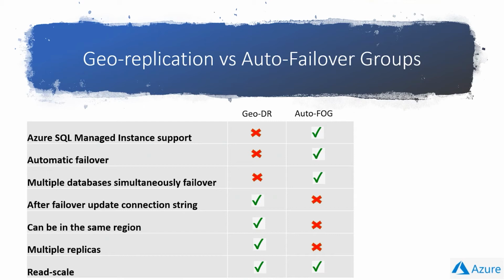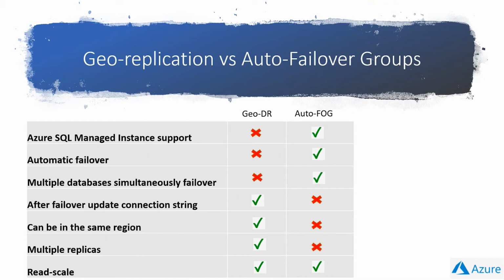And I have this table, I'm going to explain what 2 different use cases we have. Now, Geo-Replication or auto failover group, that doesn't mean that one is better than the other. They are just used differently in different use cases. So for example, if you deploy an Azure SQL managed instance, this is only supported in auto failover groups.